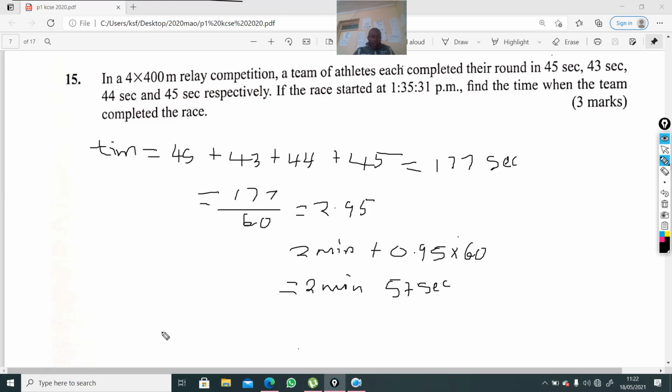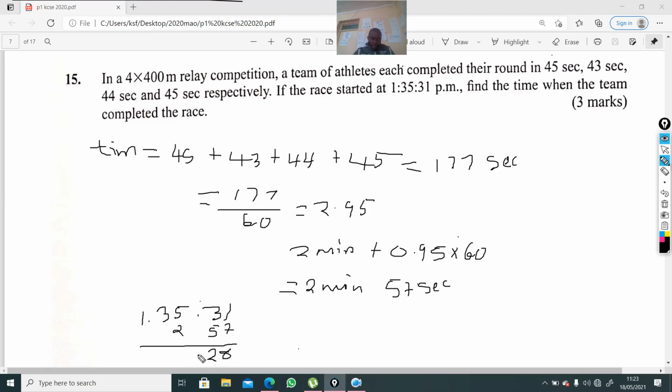So that means the time it finished, they started at 1:35 and that 1 second. So plus 2 and 57 here. So if you add, you get 88 seconds. 88 minus 60, you get 28.